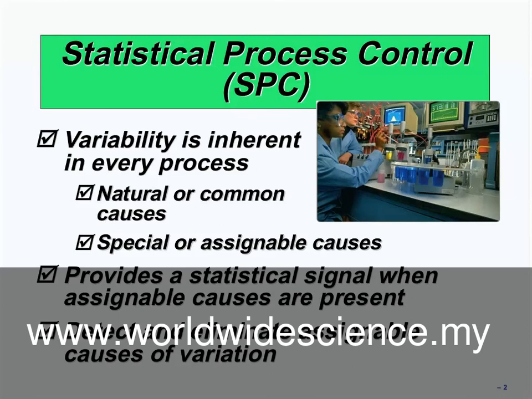For example, as I told you, the machine has broken and cannot produce very well, or the laborers have made a mistake somewhere. So when operation managers see the causes are special or assignable, they are obliged to stop the process and look for the main reason.